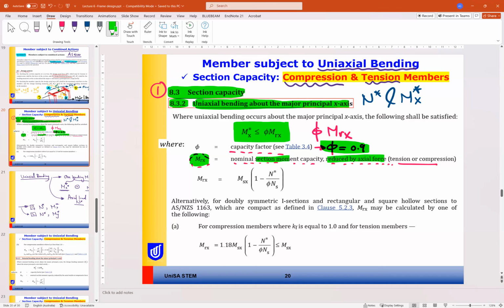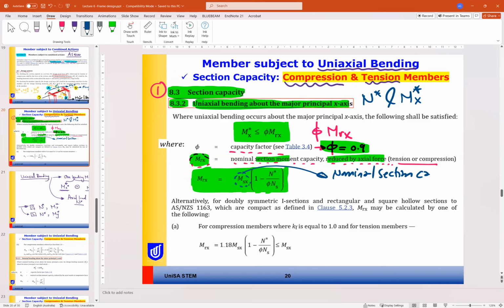So here, as you can see, Mrx should be equal to Msx, the nominal section capacity calculated before in the flexure member design, reduced by the axial force. So you should know N asterisk, the design axial load, and Ns, which is the section capacity for axial.